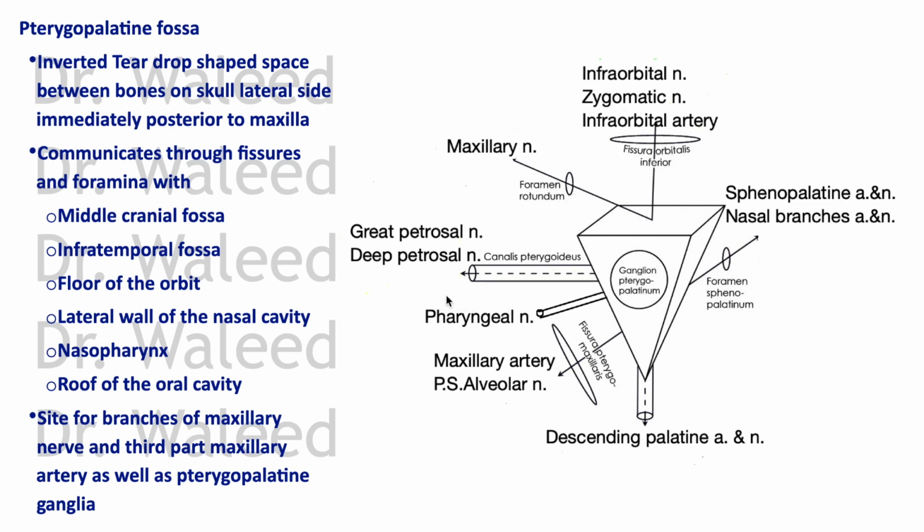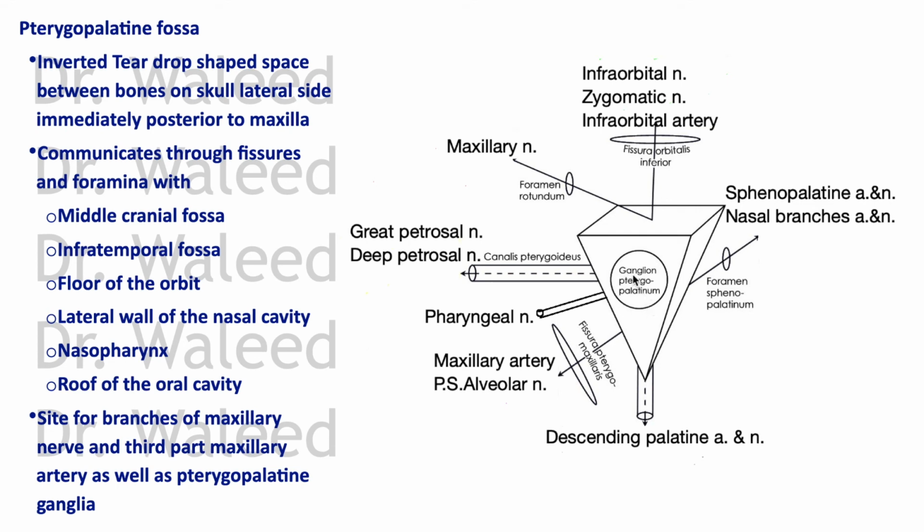So it's a very strategic point where the maxillary nerve will give its branches to these areas through these tight passages. And it's the site of the pterygopalatine ganglion as well.